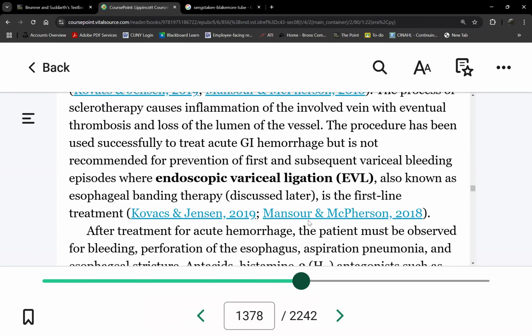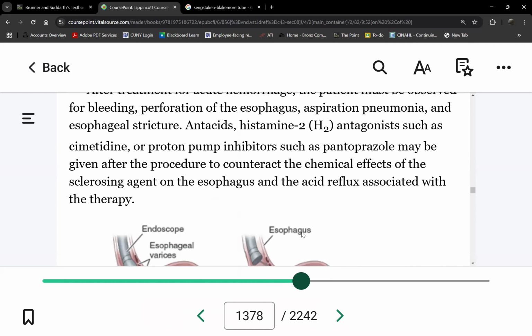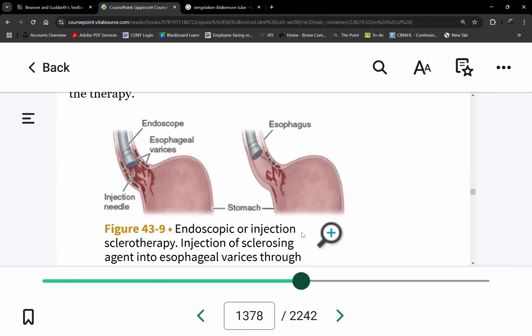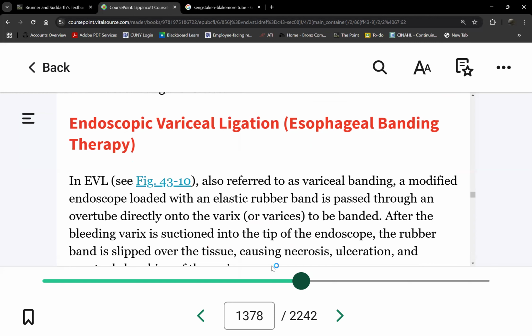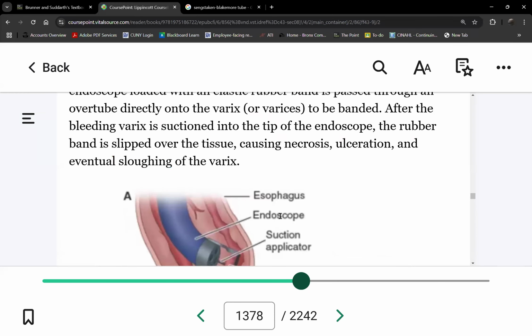Or they can do ligation, just like tying your tubes, tubal ligation. So they'll tie the blood vessels shut or cauterize them or put bands around them. For really big ones, they'll put a band around it to prevent it from rupturing. So that's banding.